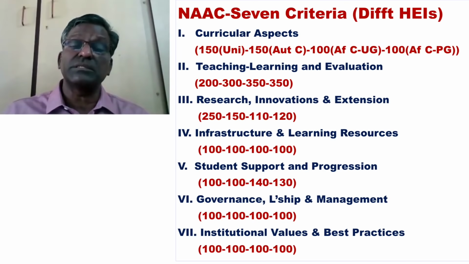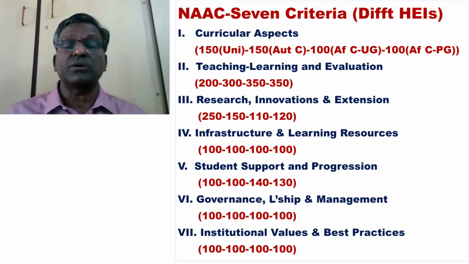It is the affiliating university, the parent university, that decides on the curriculum, and all that the affiliated college has to do is to implement it. So the weightage for affiliated colleges, both UG and PG, is only 100. Therefore, the differential treatment.